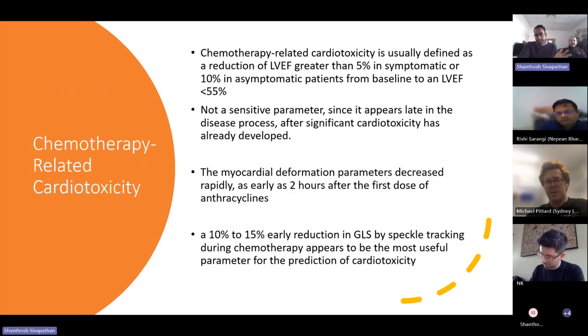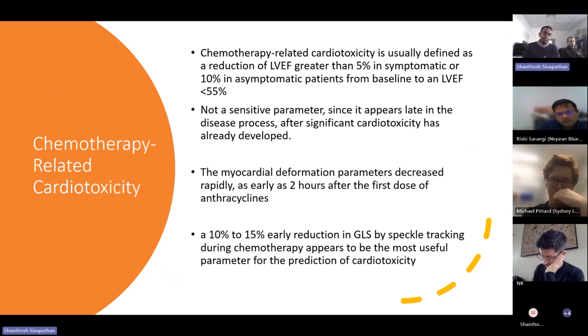Now, chemotherapy-related cardiotoxicity. I think this is where strain is used mostly, particularly in clinical cardiology or the outpatient setting, because it has a significant impact on patients. What used to happen before is you give a lot of the anthracyclines or cardiotoxic agents for chemotherapy. They did their ejection fraction, then 3 or 6 months later they did the ejection fraction again.